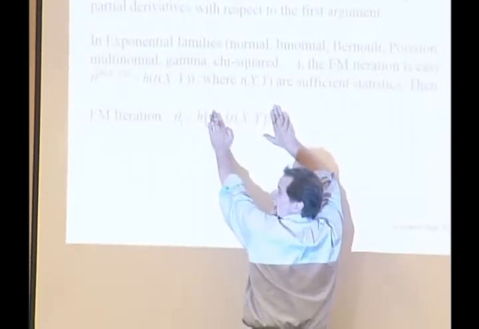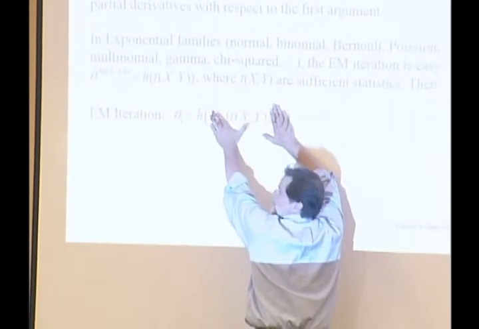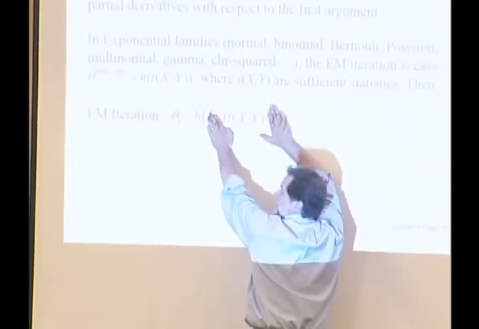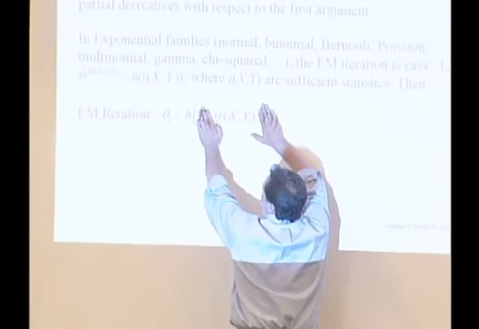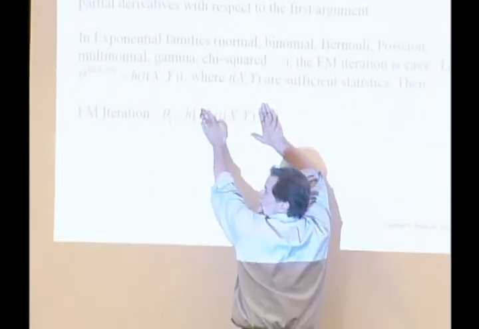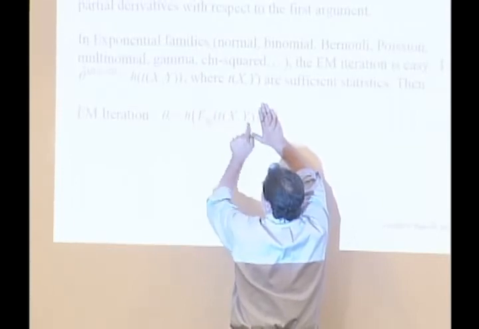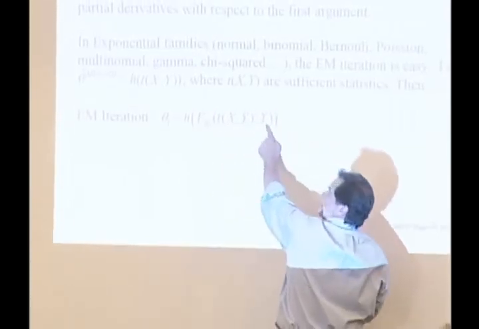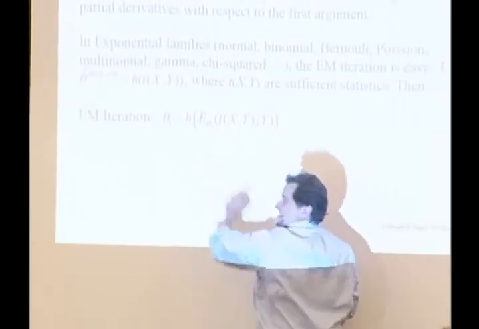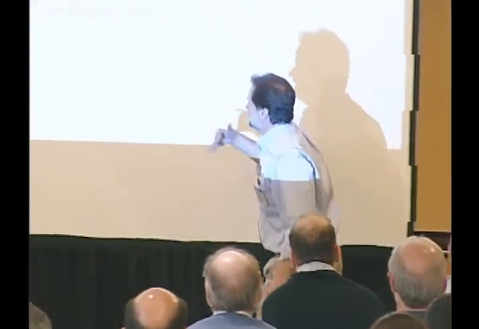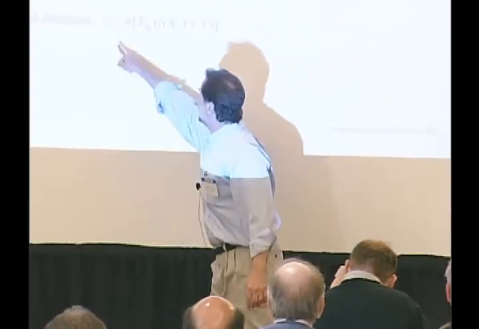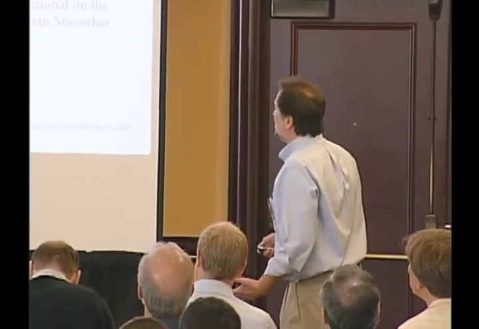That's this function h, which is a function of some sufficient statistics. Okay, so how would I construct the MLE if I could observe these guys? Okay, so these are some sufficient statistics. Now compute the expected value of these sufficient statistics given the data that you observe. Apply the same function to them, right? And then that's an iteration. And then you take this guy, you stick it back in here, and you do it again. Okay, so let's just jump to this example so you can see it because it's so beautiful.